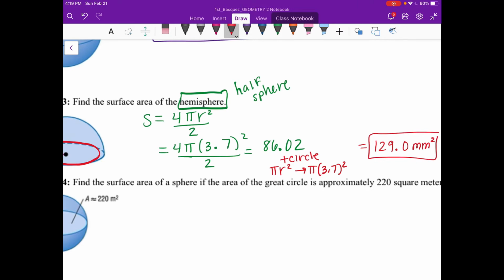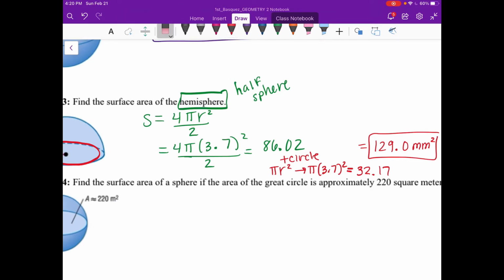So really quick, let me get you what you should have gotten for the area of the circle alone. That was 32.17. Then you add them up and make sure you are rounding. It doesn't tell you which one, but just 1 decimal place so that we can stay consistent here. And that is your final answer.